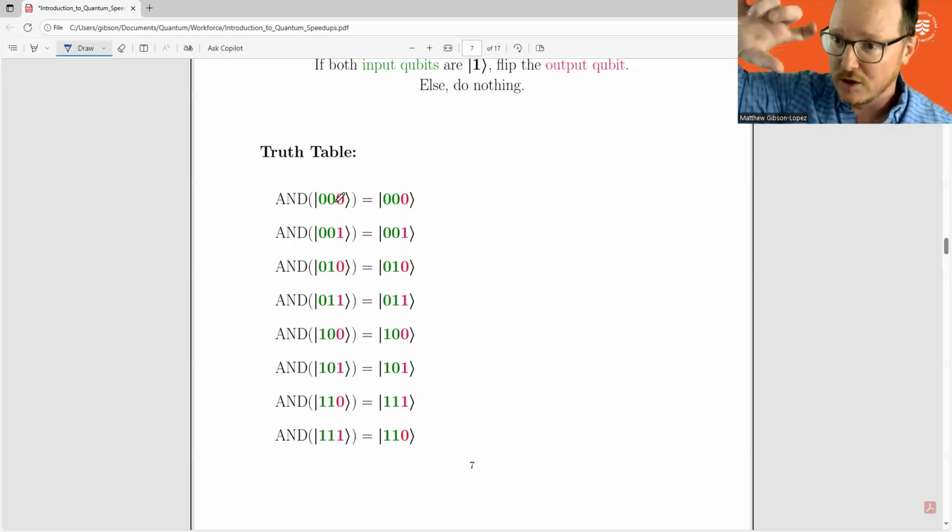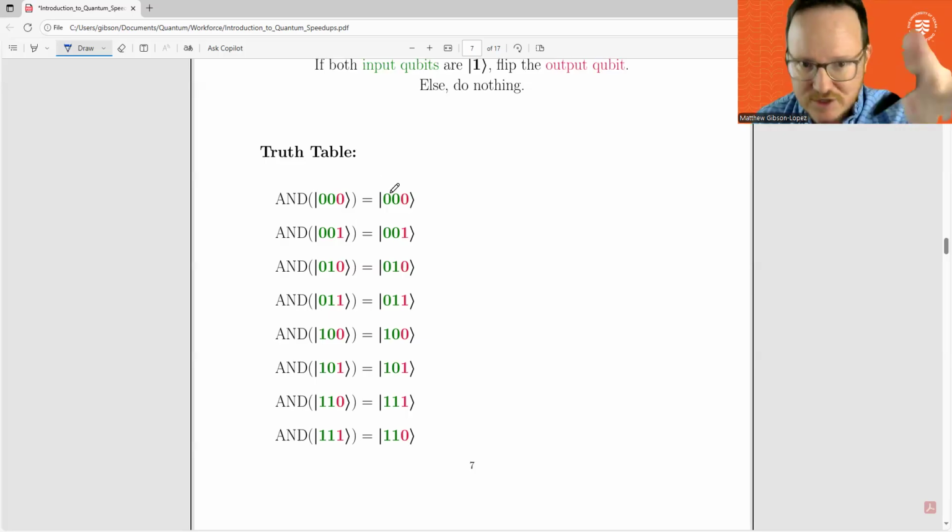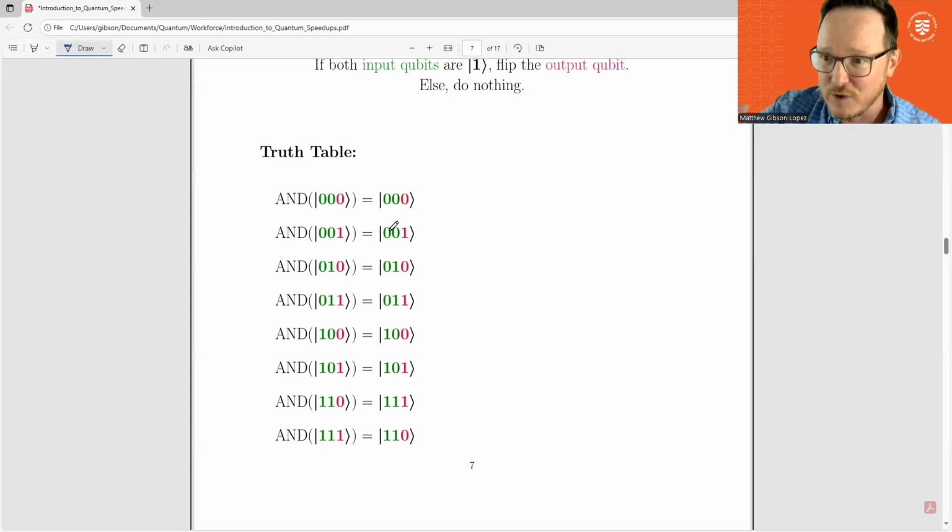If it's true, we will flip the red qubit, and if it's false, we will leave it alone. For example, 0, 0, 0: the truth value of the two green zeros is 0, and therefore the output remains 0. The input is always going to stay the same. You can see it in all eight of these. The green numbers to the left are the same as the green numbers to the right. The only thing that might change is the red number if the truth value is 1.